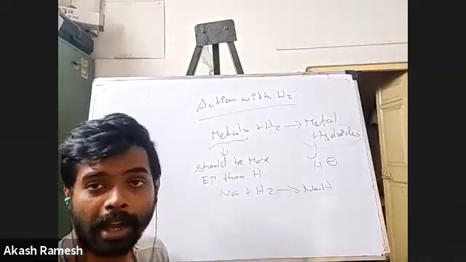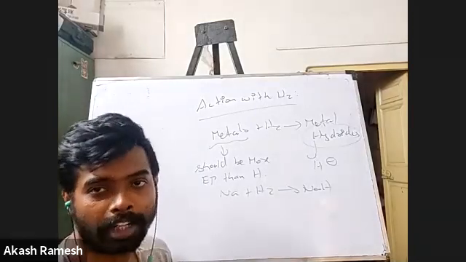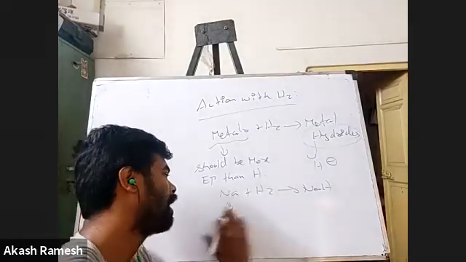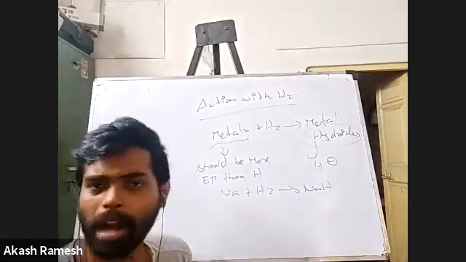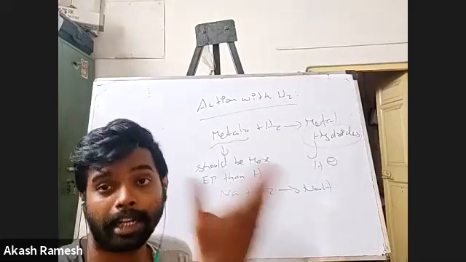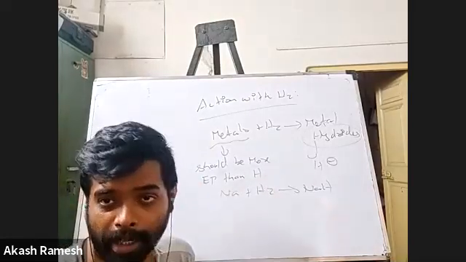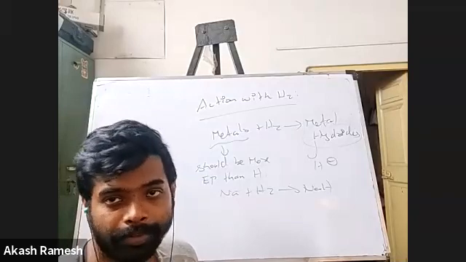Calcium will form calcium hydride. But not all metals are capable of forming hydrides. If I take aluminium, it is capable, but not so much. It all depends on the reactivity. Highly reactive elements will easily form the hydrides, but for less reactive metals you have to supply more energy, more temperature and more pressure for them to form the hydrides.